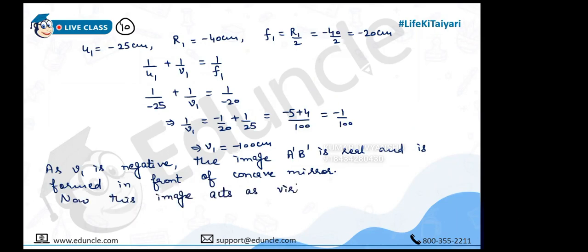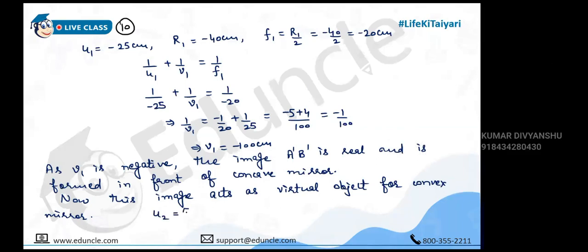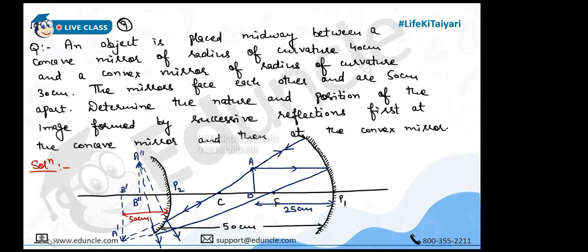X as virtual object for convex mirror. Now from convex mirror the distance will be 50. Yes, sir. So please solve for v2.